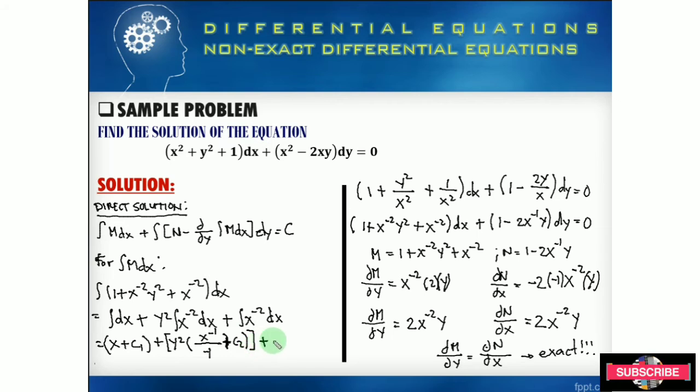Plus the third term, this integral, again we enclose with a bracket, and this is x raised to the negative 1 over negative 1 plus our C3.